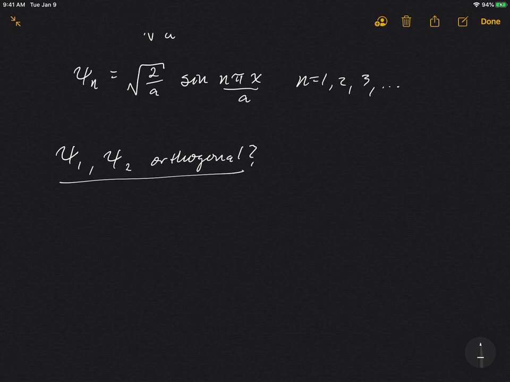Okay, we'll look at two of them, and this, of course, can be done for any number of these. Now, you can plug the actual forms of the wave function into computer algebra software or use integral tables, that sort of thing, and you'll get an answer.